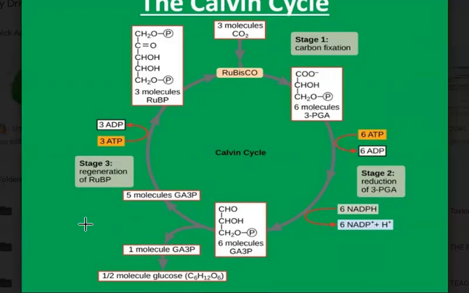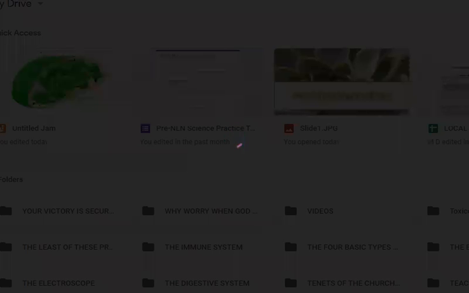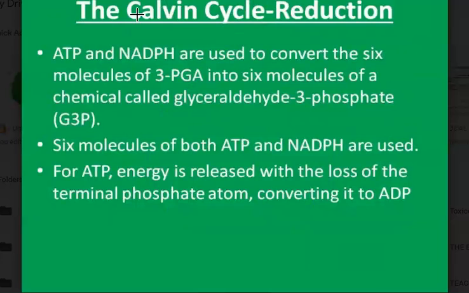The summary of what is occurring in what I've just described. The ATP and the NADPH are used to convert the 6 molecules of 3-PGA into 6 molecules of a chemical called glyceraldehyde 3-phosphate. Now, 6 molecules of both ATP and NADPH are used.